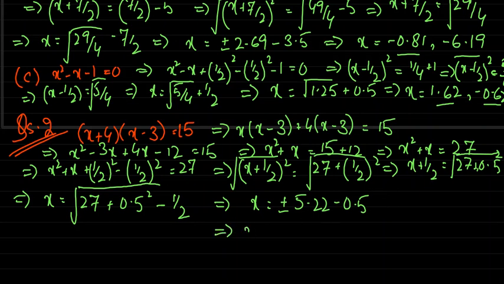Therefore, x is equal to 5.22 minus 0.5, which will be 4.72, and the other answer will be minus 5.72. So these are the two answers for this question.